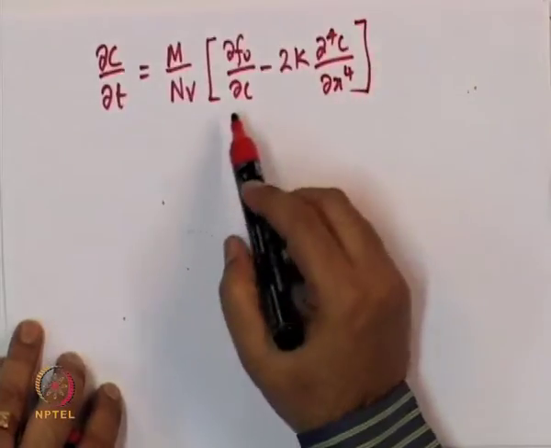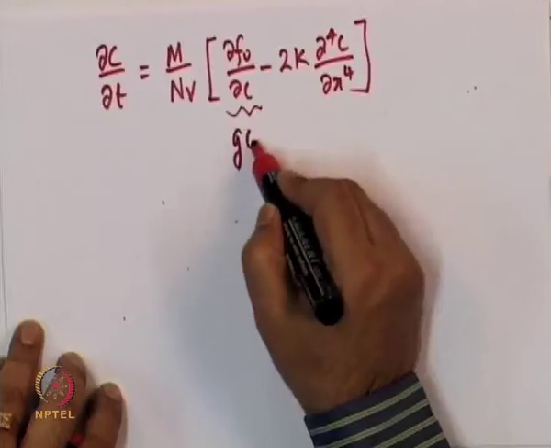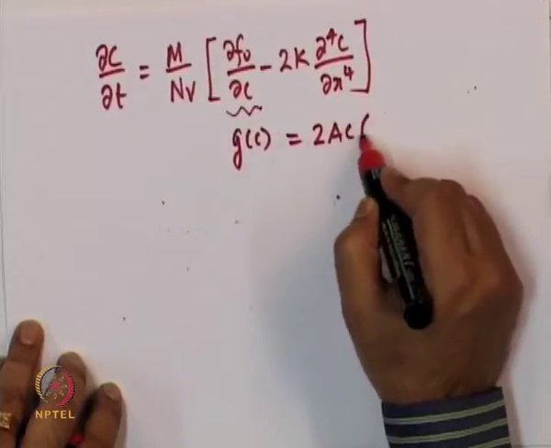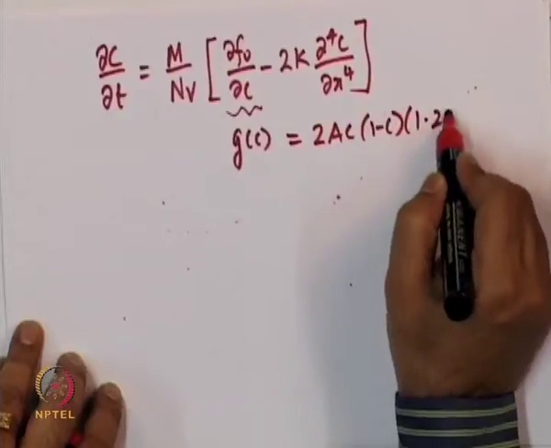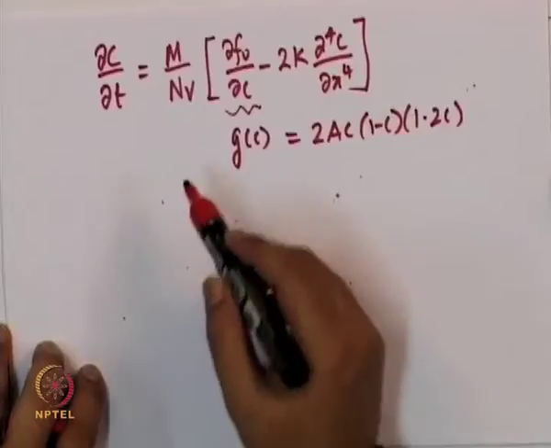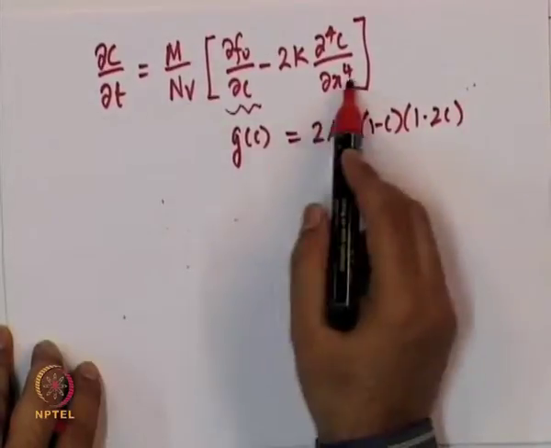Okay. Now, this quantity dou f0 by dou C I am going to call as some g of C, and g of C is nothing but 2 a C into 1 minus C into 1 minus 2 C, right. So, now we are going to use a similar technique like we used last time for the finite difference scheme.